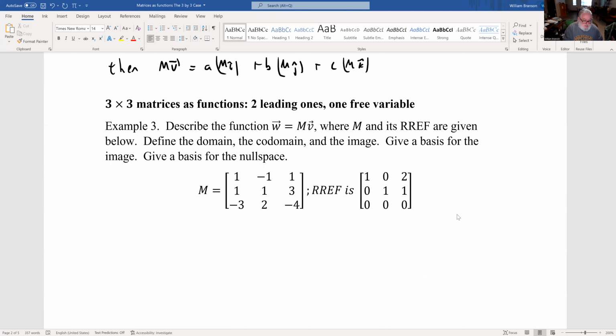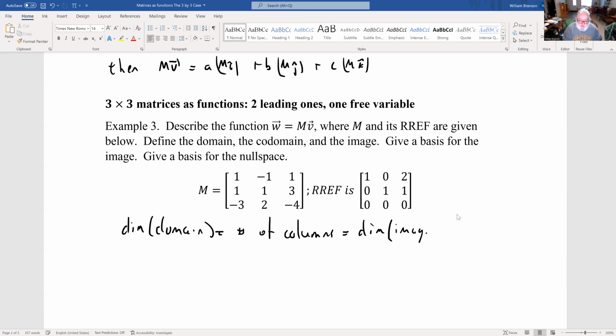The dimension of the domain, it's a 3 by 3 matrix, equals the number of columns, equals the dimension of the image plus the dimension of the null space. So that's 3. The dimension of the image is 2 because there are two leading ones, and the parameter corresponds to the null space. So we've got one dimension in the null space and two dimensions in the image.